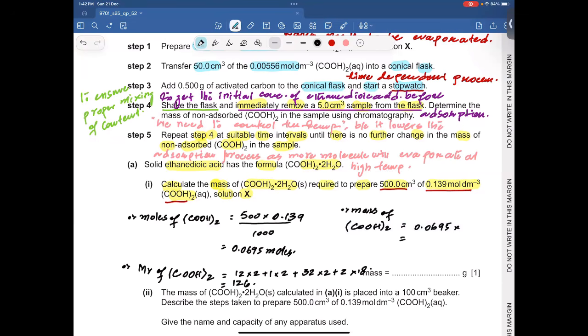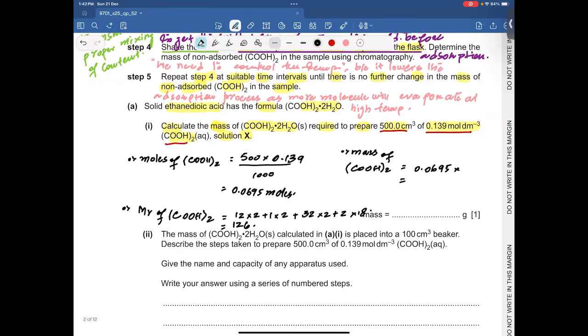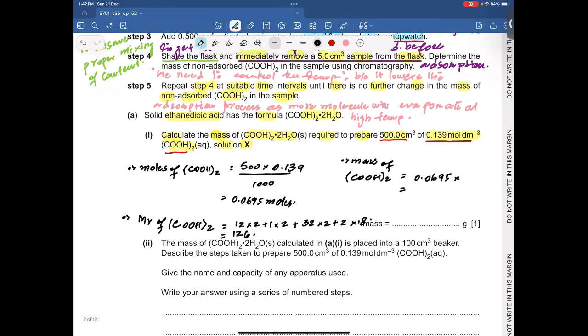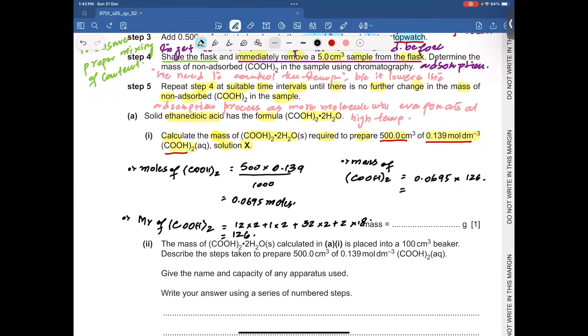Yeah, that was the mistake I've done. So 0.0695 into 126 is going to be 8.757 gram.